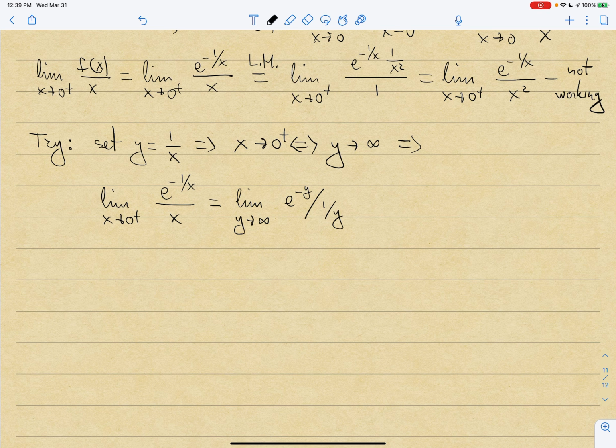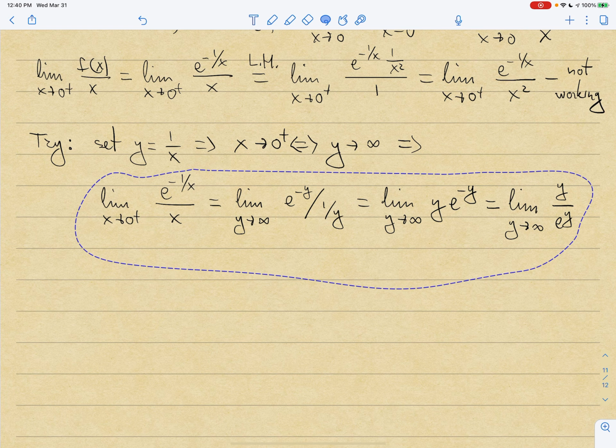And so that becomes the limit y goes to infinity. Dividing by 1 over y is the same thing as multiplying by y, so we have that. And e to the minus y I can move to the denominator, so I'm getting a limit as y goes to infinity, y over e to the y.